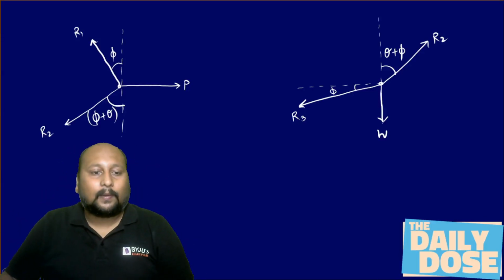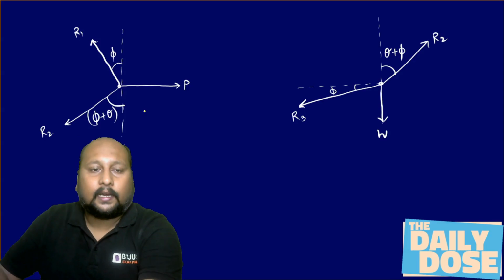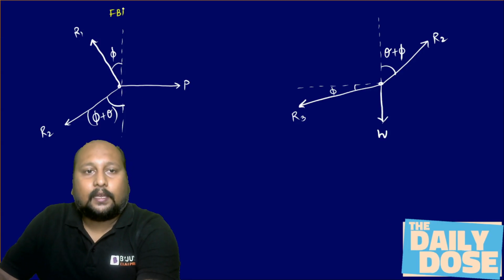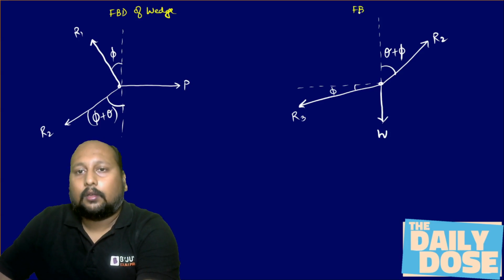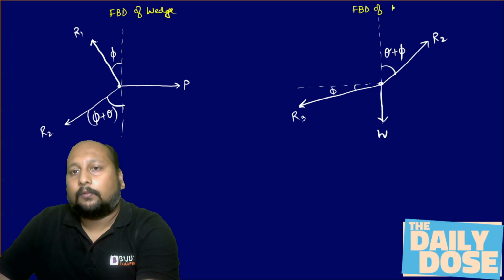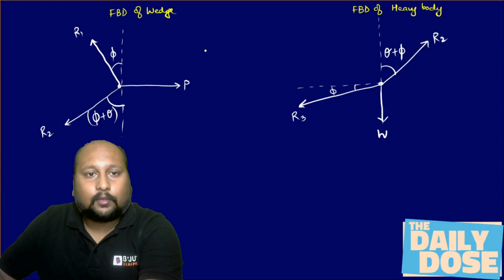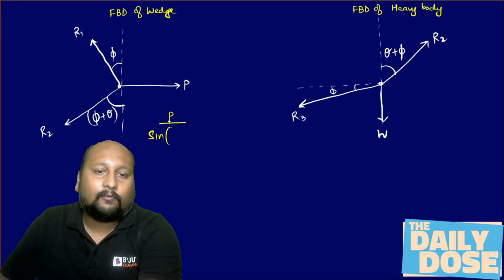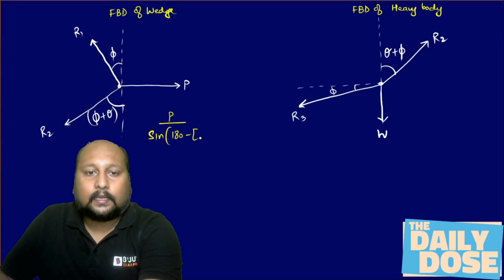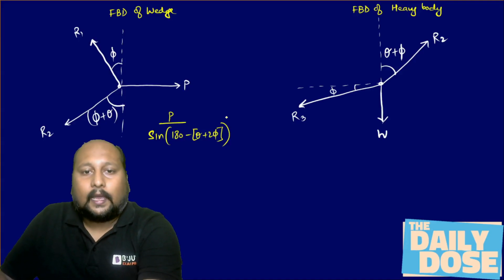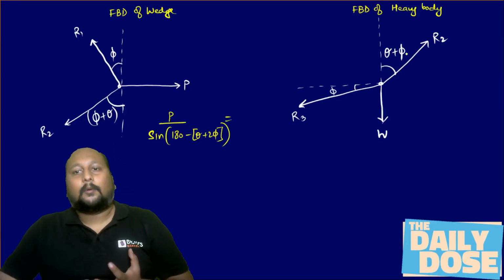Now if I want to apply Lami's theorem, this is your FBD of the wedge, and this is your FBD of the heavy body. Applying Lami's theorem, P divided by sine of 180 minus theta plus 2 phi is equal to R2 divided by sine of 90 plus phi, because we are only bothered about this R2 reaction force.